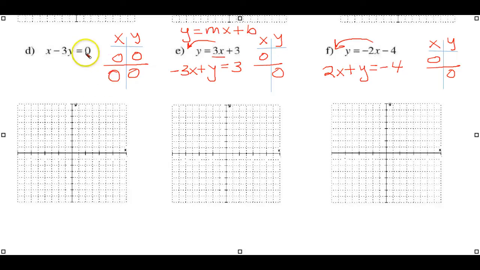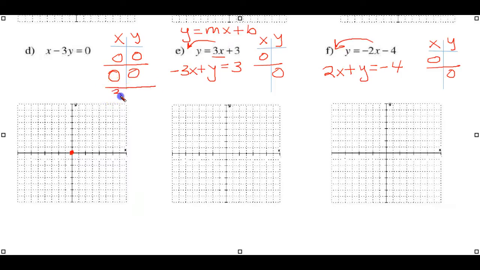So notice when you have it in standard form and it equals 0, we know it's going to go through the origin, but we don't know where else it goes. So here's a case where you have to put at least one other point.